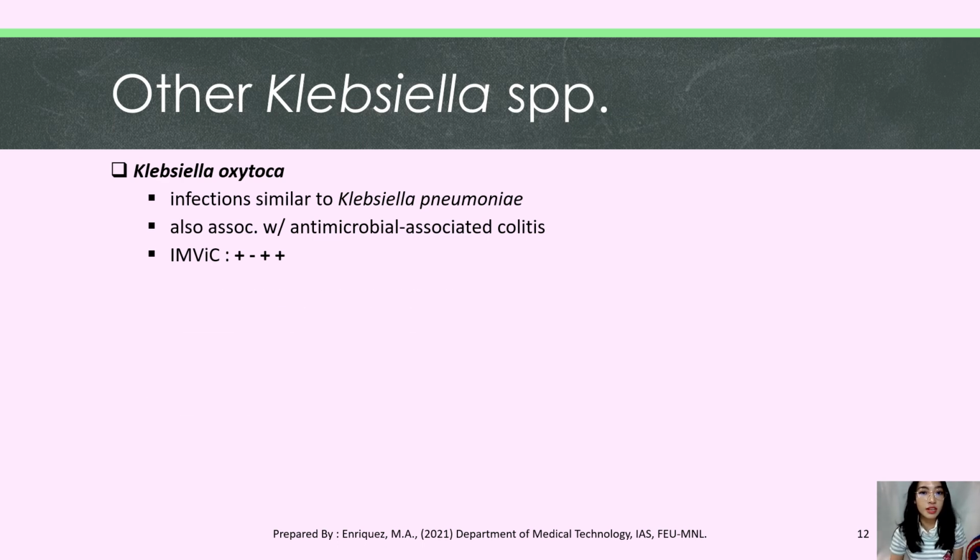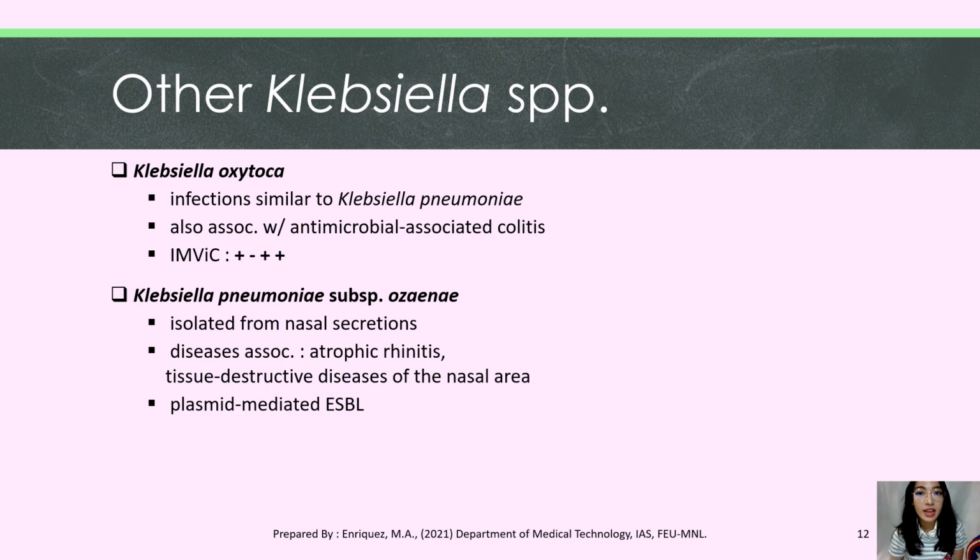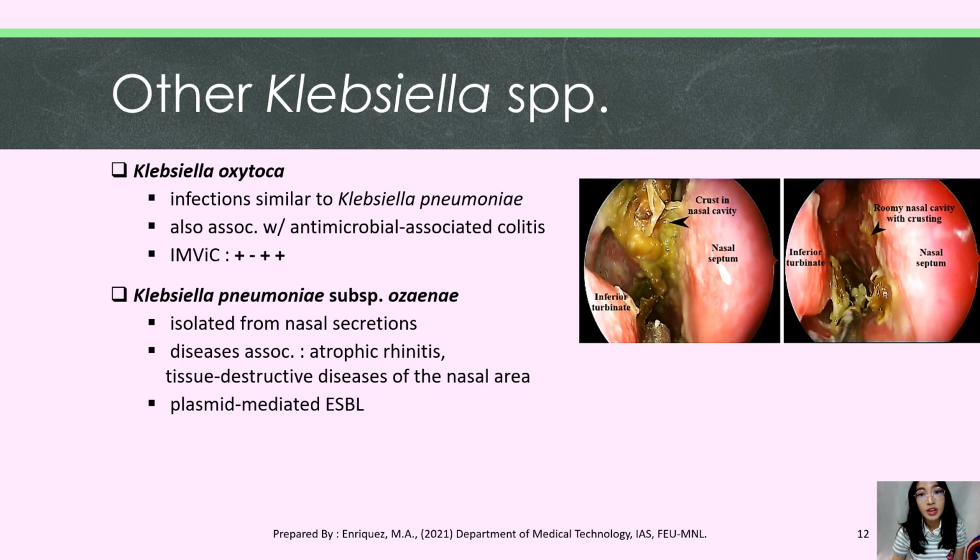Next is Klebsiella pneumoniae subspecies ozaenae, which has been isolated from nasal secretions and cerebral abscesses. Okay, so this organism causes atrophic rhinitis, which is characterized by the inflammation of, or by the formation of thick, dry crusts in the nasal cavity, which has resulted from the progressive wasting away or decrease in size, which is termed as the atrophy of the mucous lining.